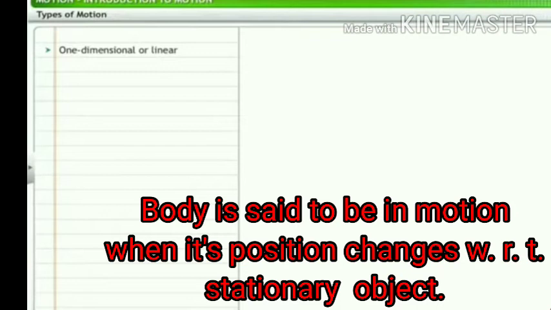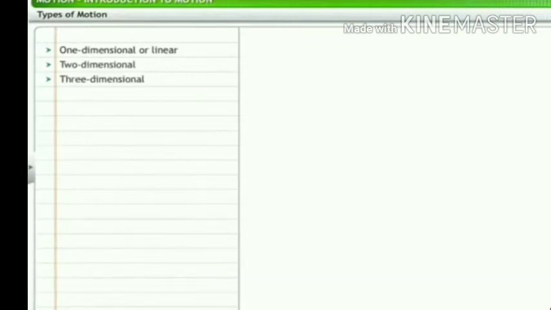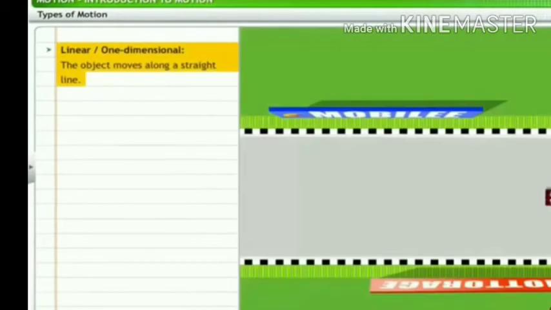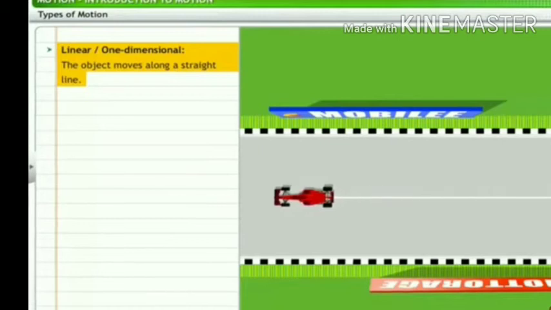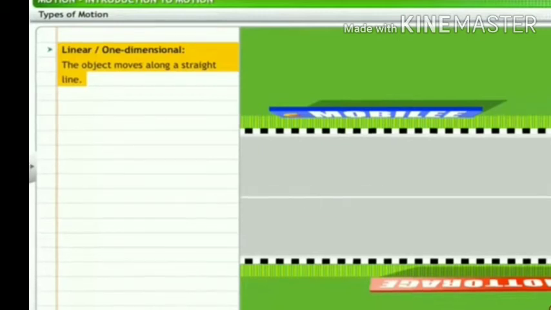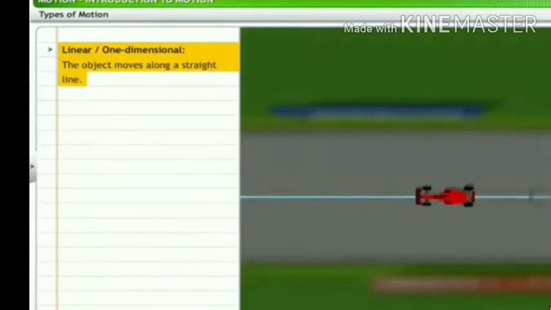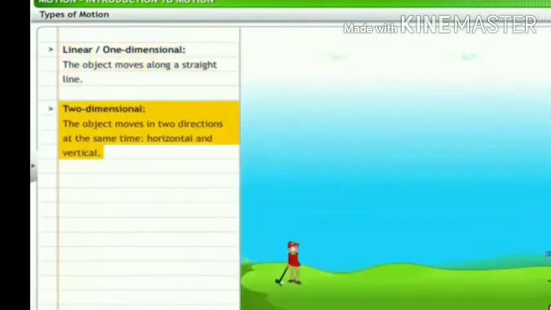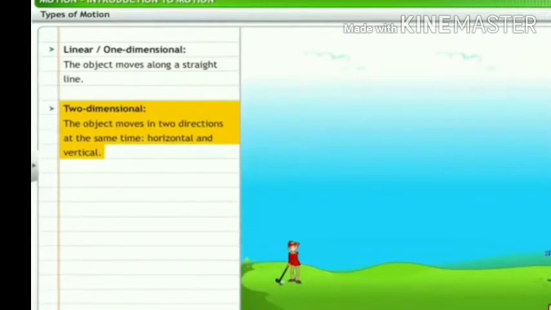Hence, the motion may be one dimensional or linear. It may be two dimensional or three dimensional. Linear means one directional. When the object moves in a straight line, then it is called one dimensional motion. Now two dimensional means the object covers two directions at once.